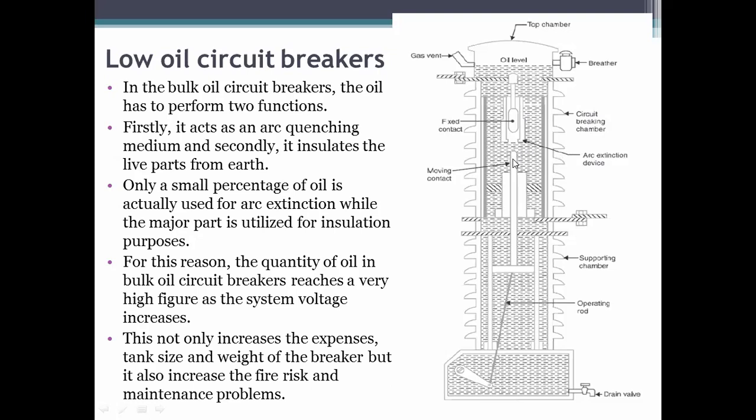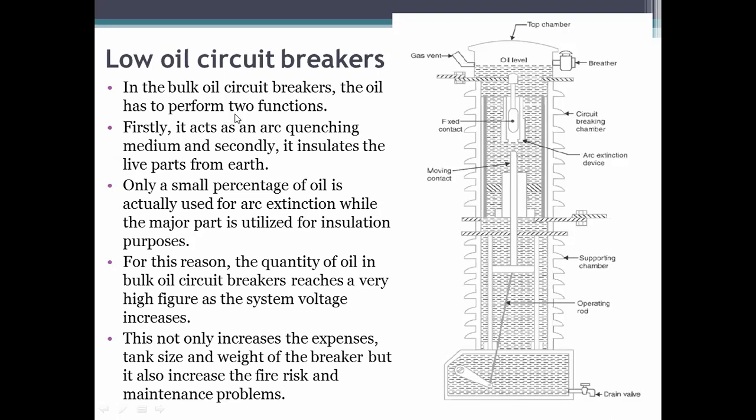Okay, this is arc extinction device. Then this is the supporting chamber. This one is the supporting chamber, and this upper part is the circuit breaking chamber. Okay, and drain valve is there for drawing the oil here. Okay, so simple construction is there, but you have to remember.